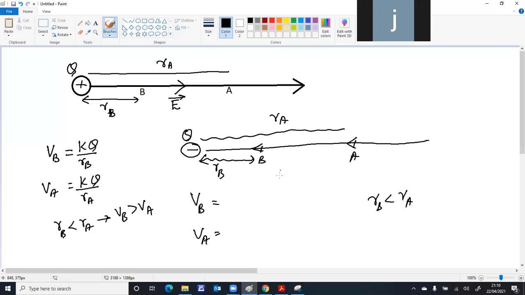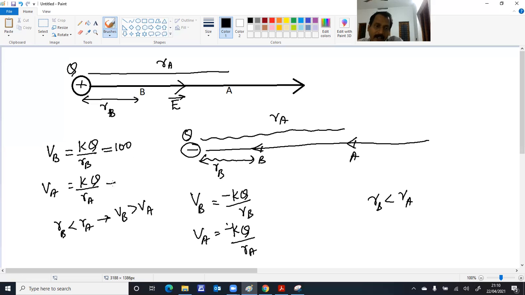Okay. When you write VB, it will be what? Minus KQ by R, right? For potential, you have to count the negative of the charge as negative only, okay? If I take this as 100 and this as 80, what will be the answer here?